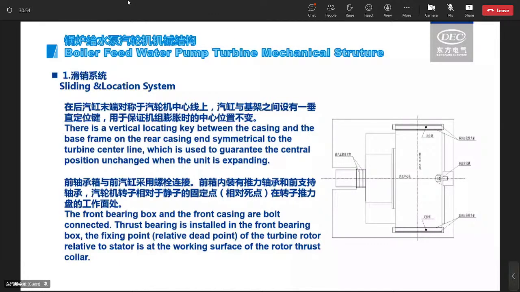The steam turbine rotor is an integral forged rotor. Its advantages are compact structure, good rigidity and low stress, which facilitate fast start.